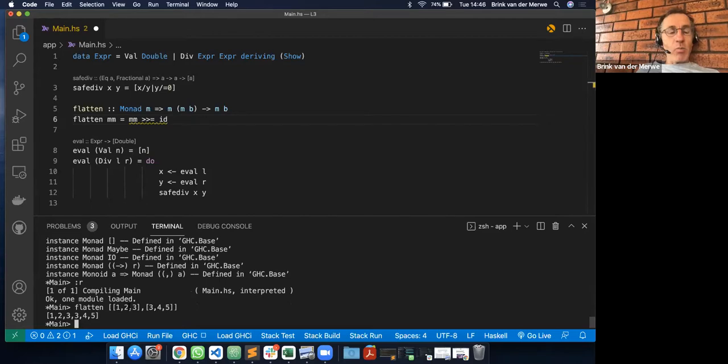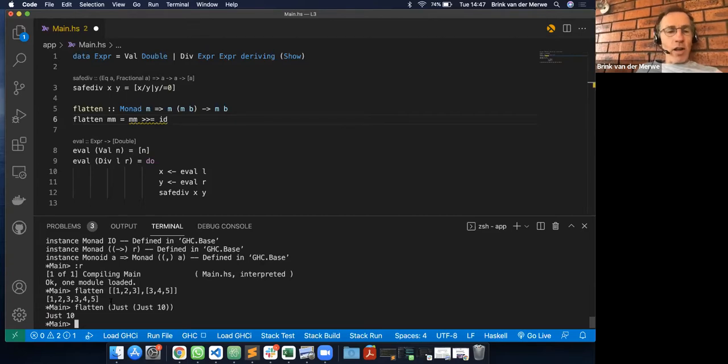It's taking all the elements of the list and removing the nesting. And I can use the same code to flatten, say, a Just inside a Just. I'll show you now why I want to use it.